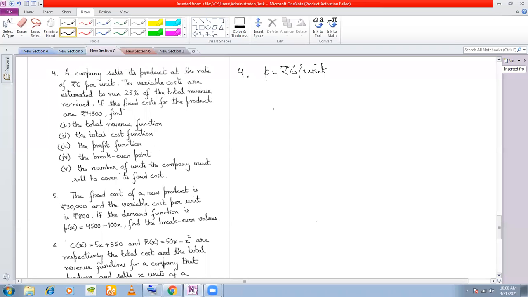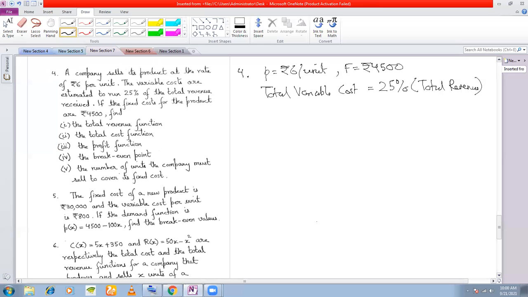If the fixed cost of the product is 4,500, so fixed cost is given to you, 4,500. And it is given that total variable cost is equal to 25% of total revenue.